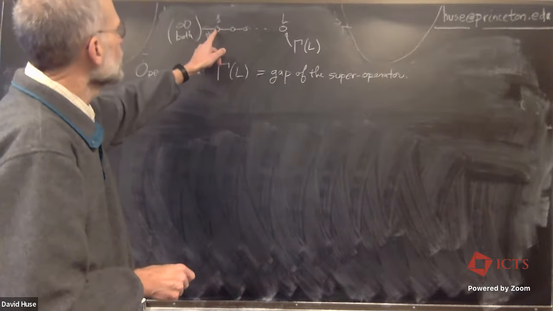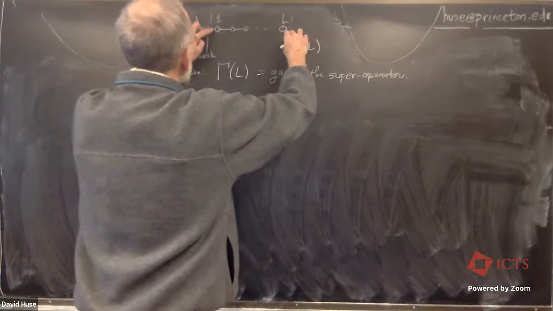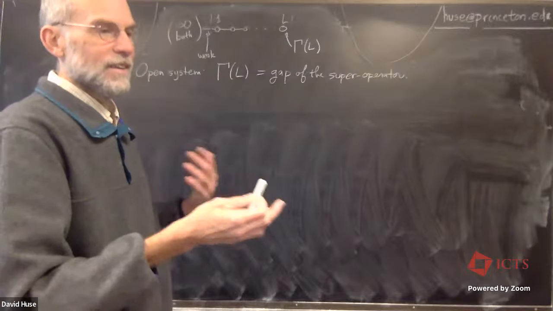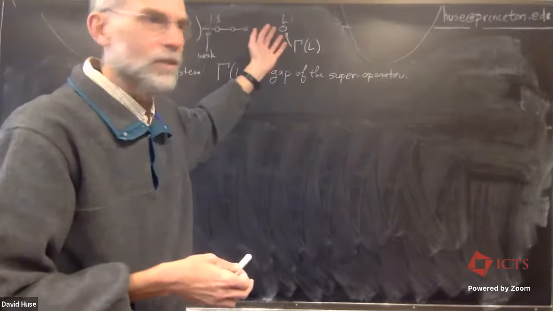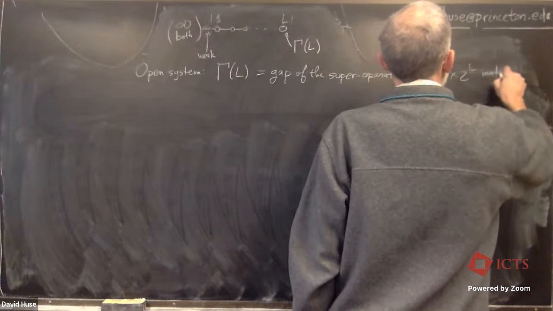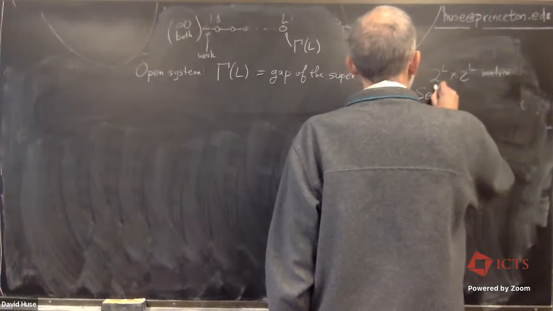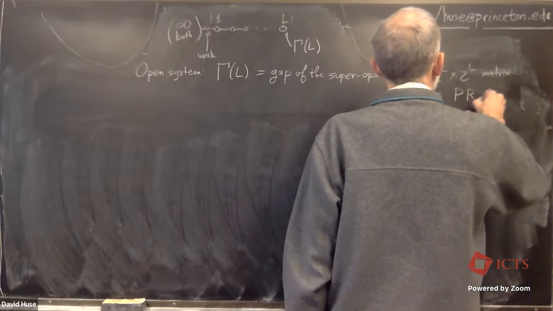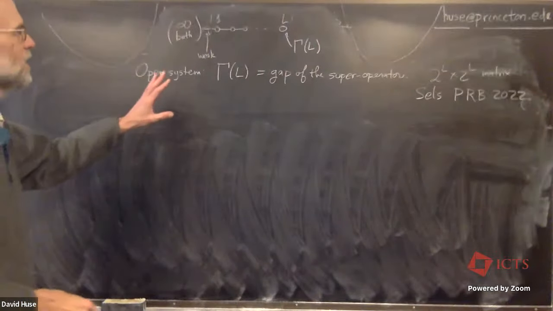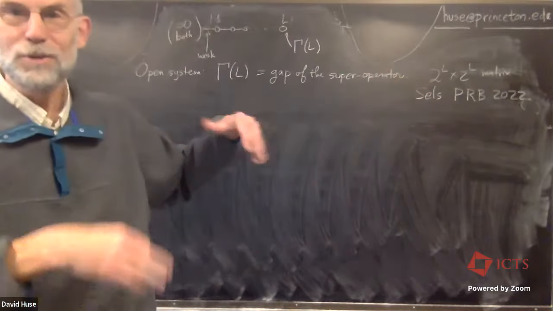And then you can write this in terms of the eigenstates of this problem. You have a coupling to a bath which is arbitrarily weak. It produces a stochastic dynamics on the eigenstates. So it's just a 2 to the L by 2 to the L matrix in this limit, right? And it was Dries Sels. So Dries Sels has a paper about this. We didn't take this limit of weak coupling, and we were doing a 4 to the L by 4 to the L matrix because we did the full open system.